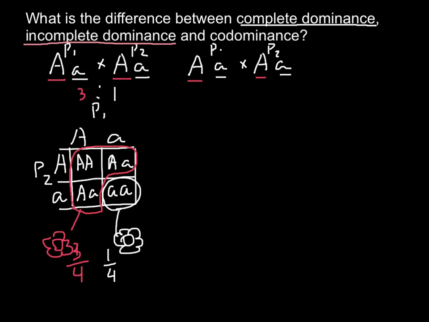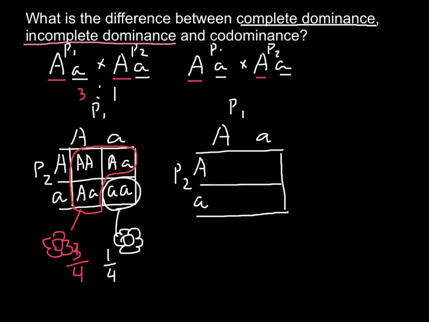In this case, once again, we would have parent 1 here and parent 2 here. We once again build a Punnett square, but the outcome of such a cross would be different from the situation when we have complete dominance. Here we would have capital A, capital A, small a here, capital A and small a here, and small a, small a here.